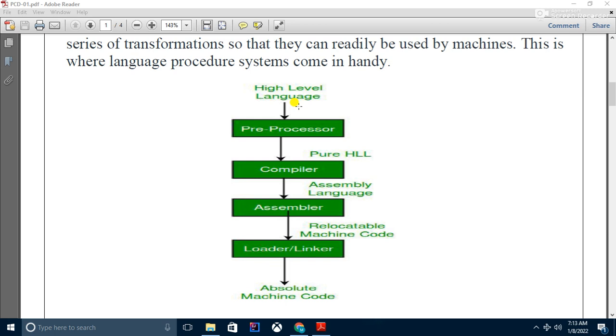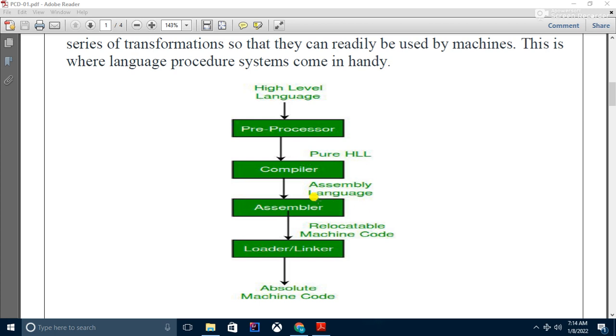Preprocessor directives are the directives necessary for processing our program, so they are included before the compilation program executes. After this preprocessing directive inclusion, the program is converted into a pure high level language program, and that program is input to the compiler to produce the assembly language program.